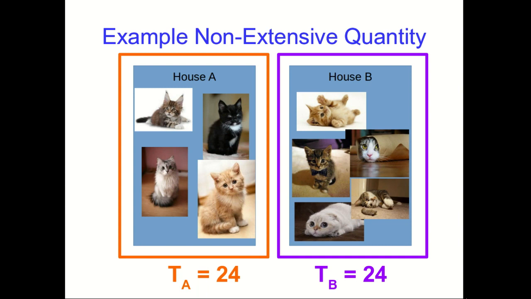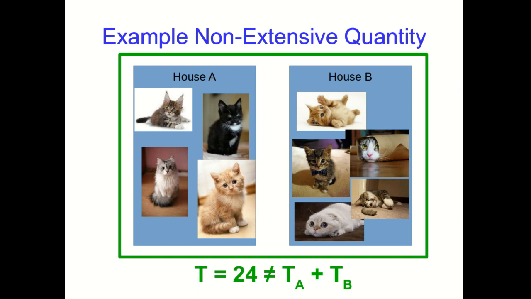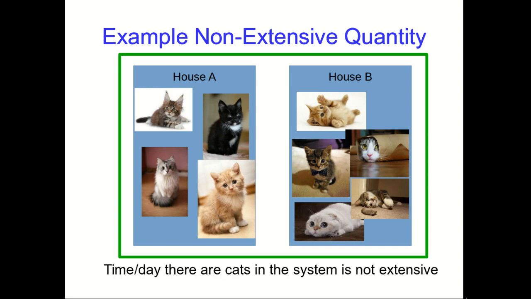But now if we think of the combined system, well, clearly the number of hours per day that the combined system is occupied by cats is also 24, and that is not the sum of the values of this variable t for the individual parts of the system. So the time per day that there are cats in the system is not an extensive quantity because it doesn't obey that additive rule that all extensive quantities have to.